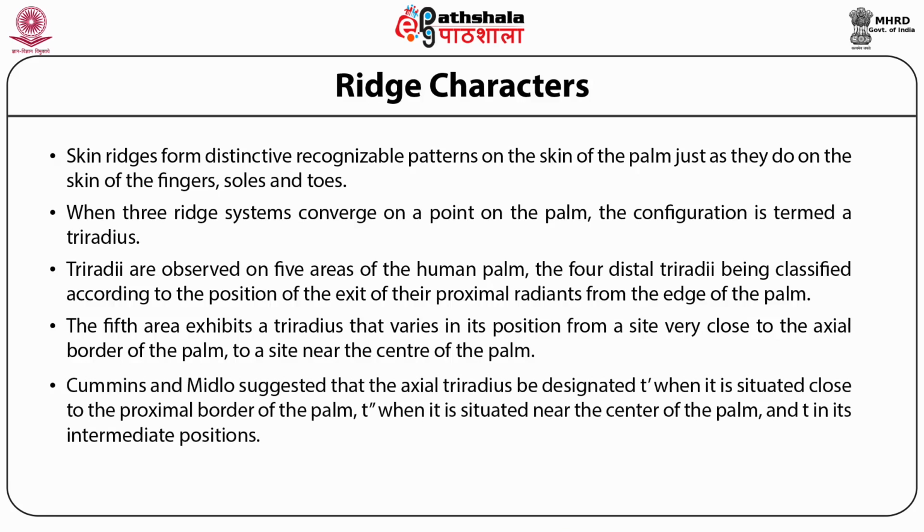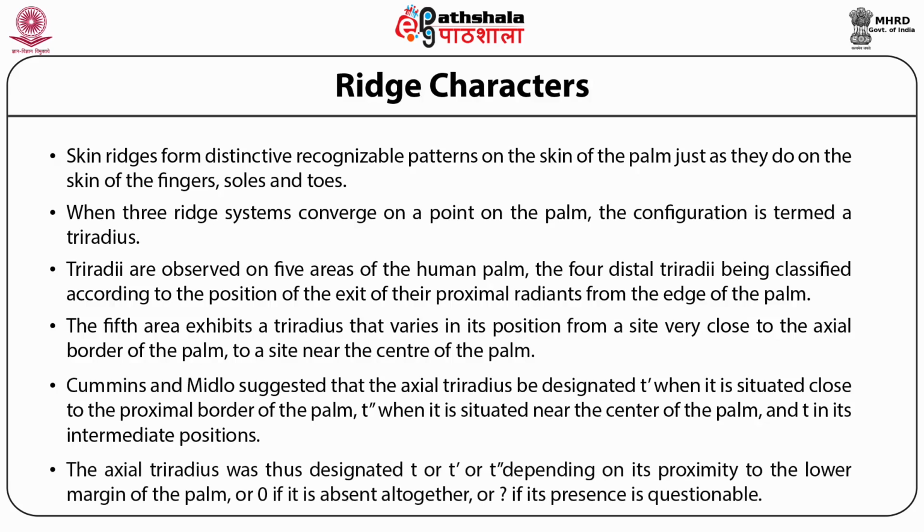Cummins and Bigelow suggested that the axial triradius be designated as T1 when it is situated close to the proximal border of the palm, T double dash when it is situated near the center of the palm, and only T, with no single or double dash, in its intermediate positions.